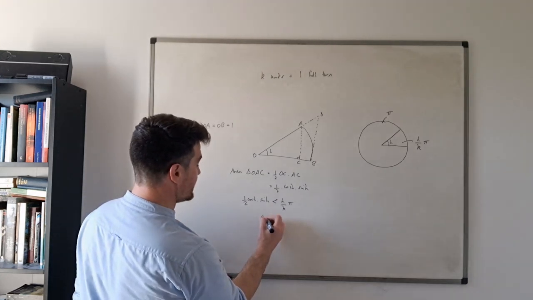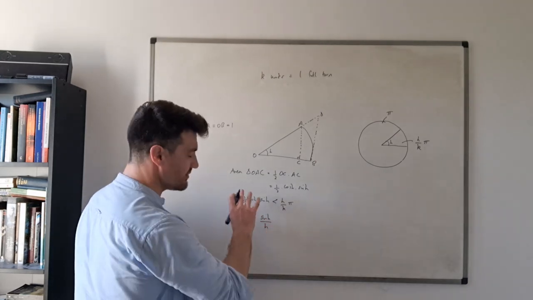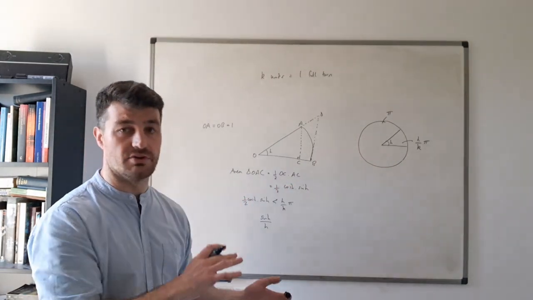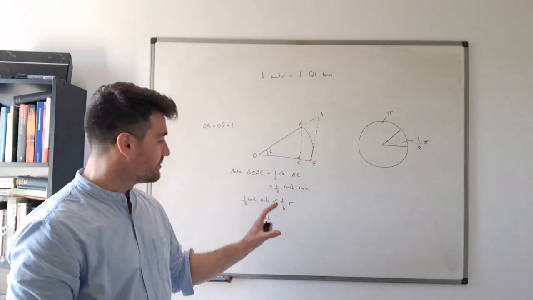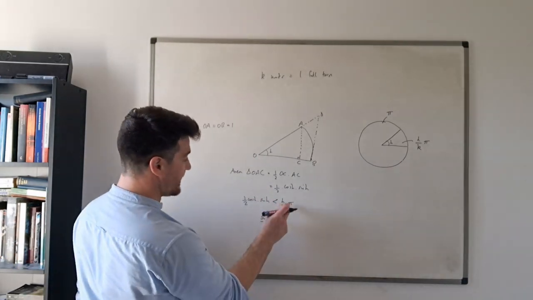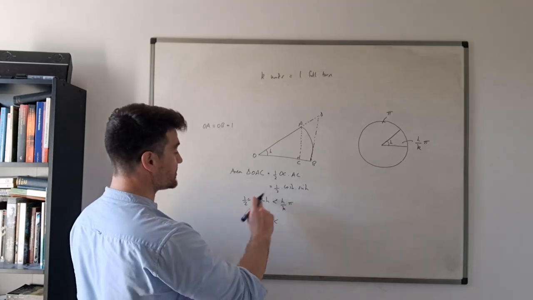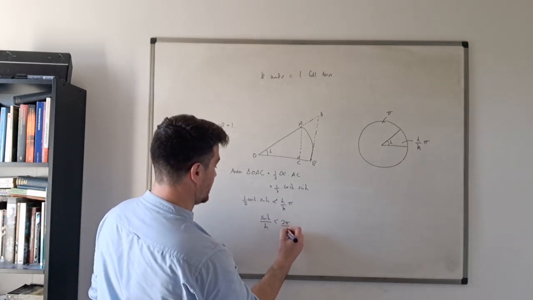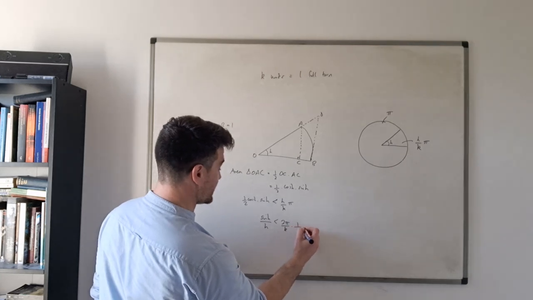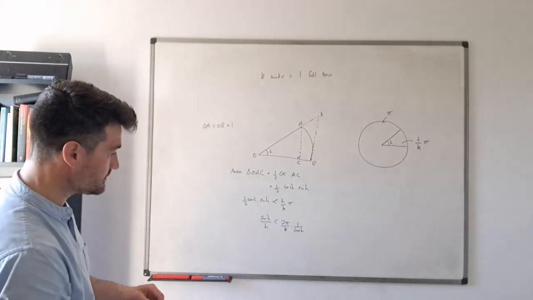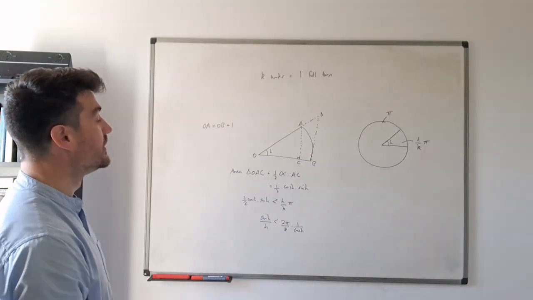I get sine h over h, and these are all positive quantities, by the way, so I can multiply and divide through without worrying about inequality signs flipping. So I'm just dividing through by h and then multiplying through by 2 and dividing by cos h. Okay, so I get this inequality.